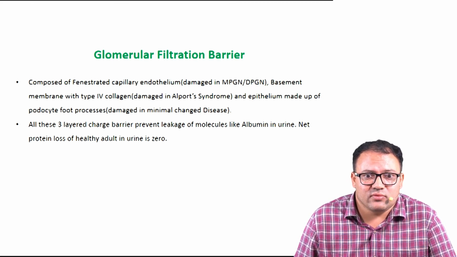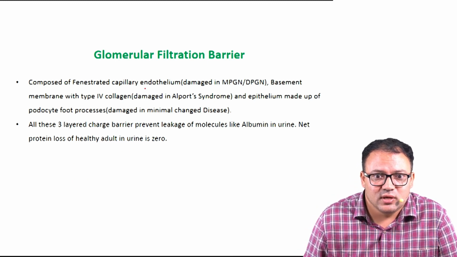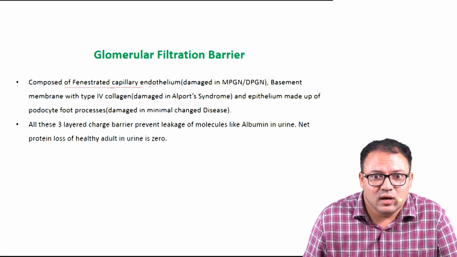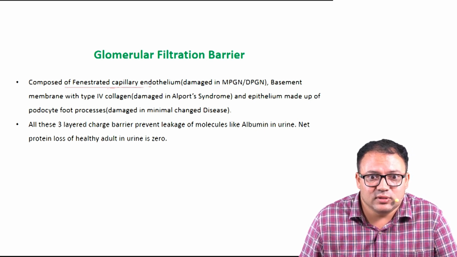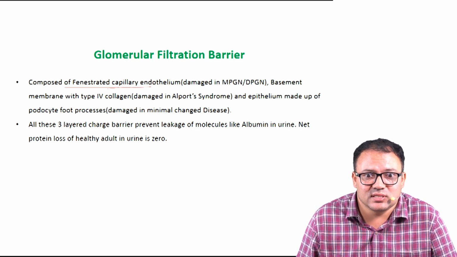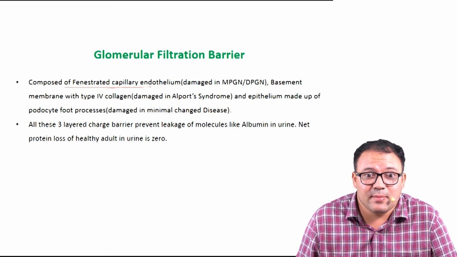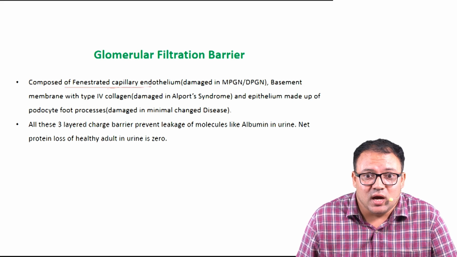So the glomerular filtration barrier is composed of fenestrated capillary endothelium, basement membrane with type IV collagen, and epithelium made up of podocyte foot processes, which are damaged in minimal change disease. For example, if there is damage to the fenestrated capillary endothelium, the disease is membranoproliferative glomerulonephritis or diffuse proliferative glomerulonephritis.